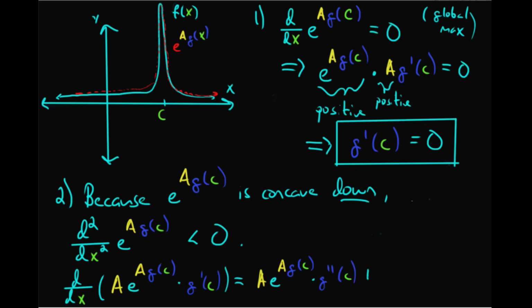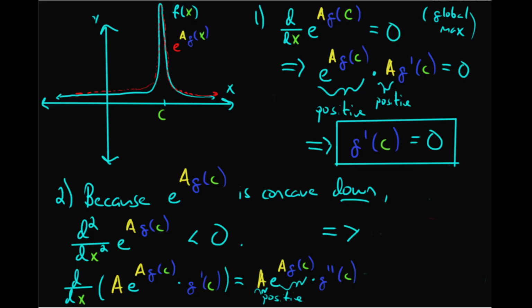So I'll have the first function times the derivative of the second, that's a times e to the a times g of c times g double prime of c, plus the second function times the derivative of the first, so that's going to be g prime of c times the derivative of a times e to the a times g of c. But I already know that g prime of c equals 0, so that whole term must be 0, and it just drops out.